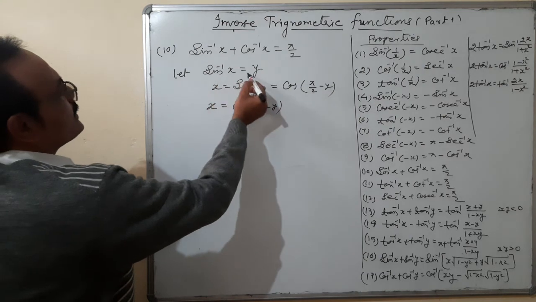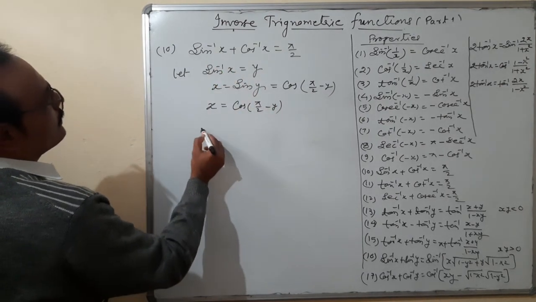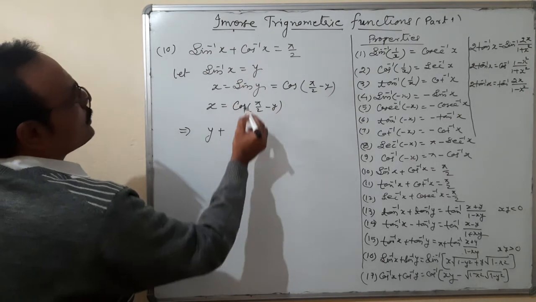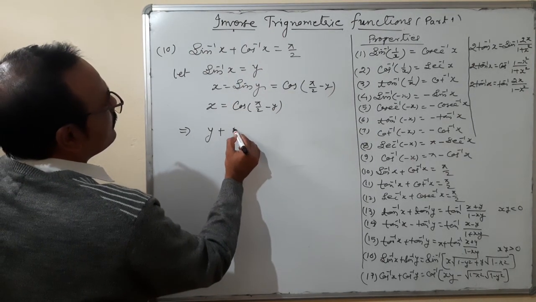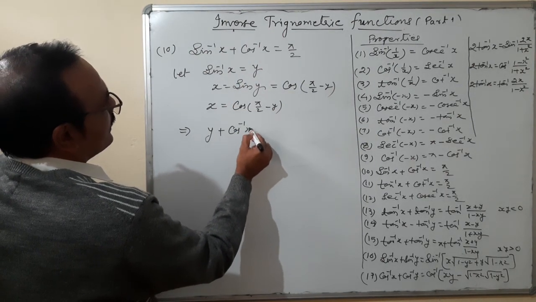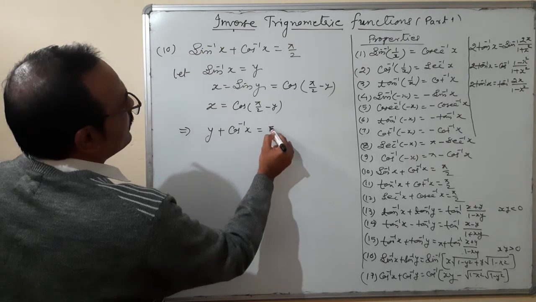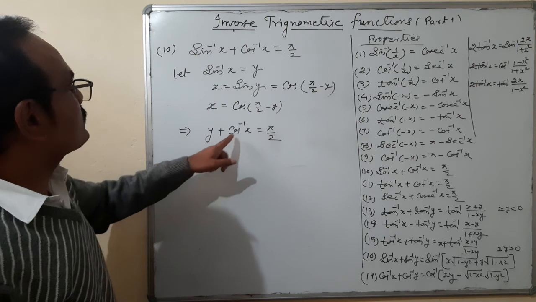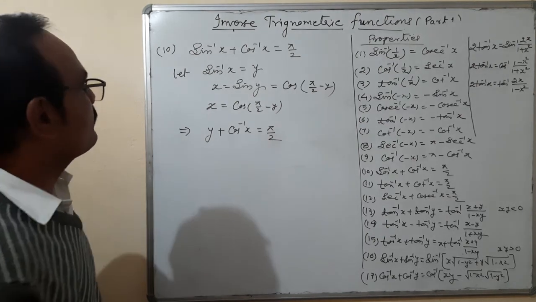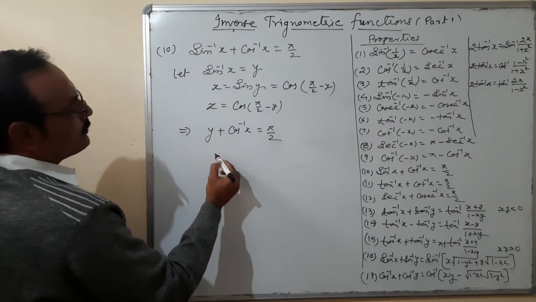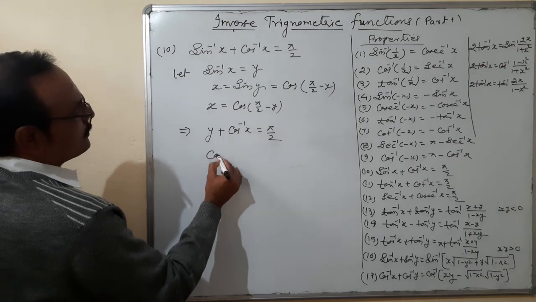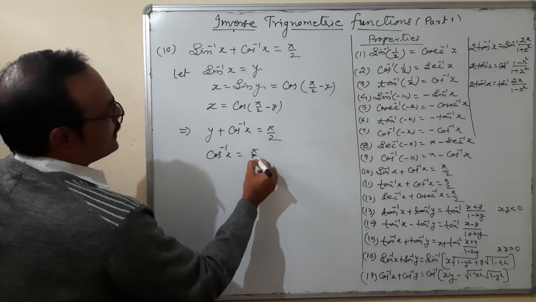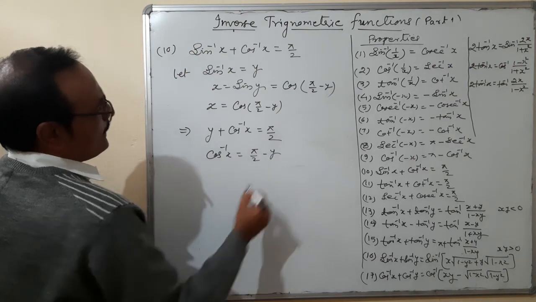Now I'll substitute sine inverse x is equal to y. So it is coming y plus cos inverse x is equal to pi by 2. Therefore, cos inverse x is equal to pi by 2 minus y.